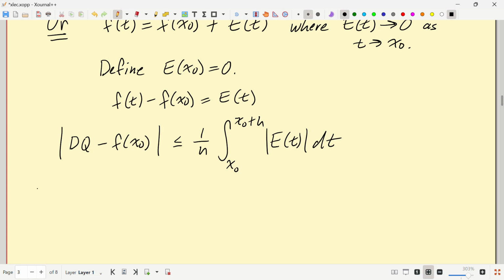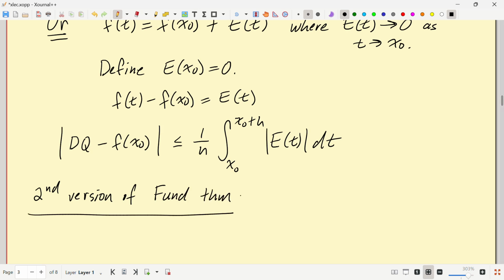There's a second version of the fundamental theorem. And that is, let's suppose f is continuous on [a, b].